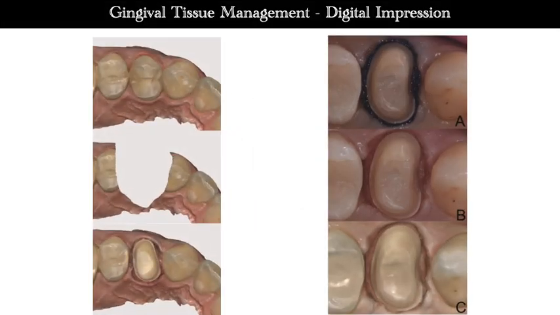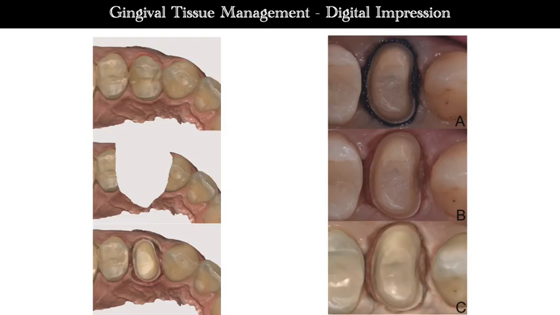There were various studies, and they have formulated a standard operating protocol for digital impression. First and foremost, we take a digital impression of the unprepared tooth. So even before we start the tooth preparation, we need to digitally scan the oral cavity.